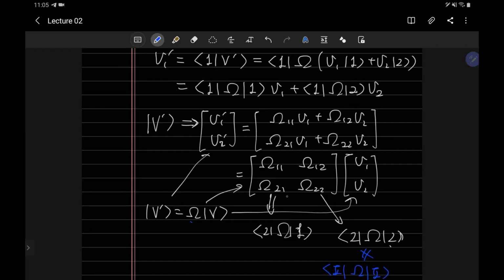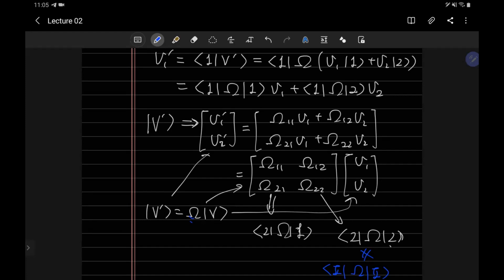The matrix elements will always change depending on what basis you choose, but the effect of the operator will be invariant. So that is a very important concept.